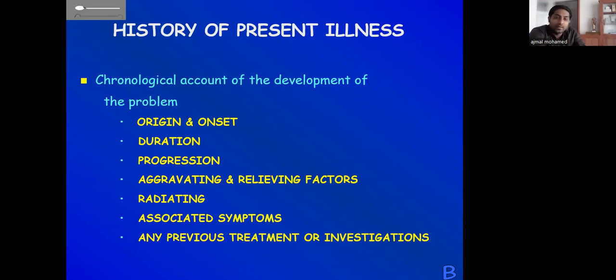When you have food, does it increase or decrease? When you have cold food, hot food, or when you bite on hard food substances? All these things you should ask. Then, are there any factors which aggravate the pain or any factors which relieve it? If the relieving factor is a pain medication or anything else, how long did the pain stay relieved? And does the pain have any other relieving features?